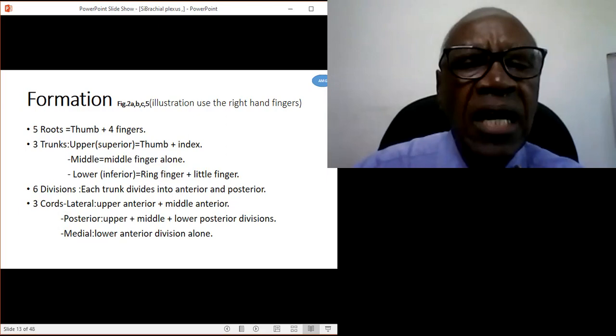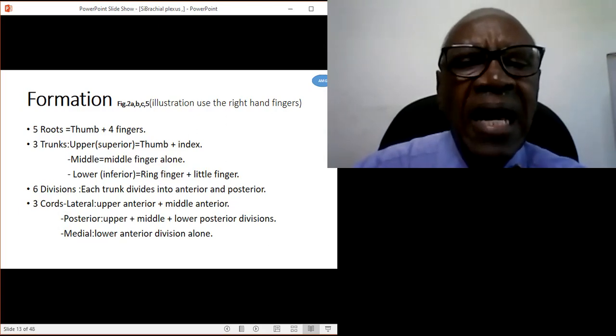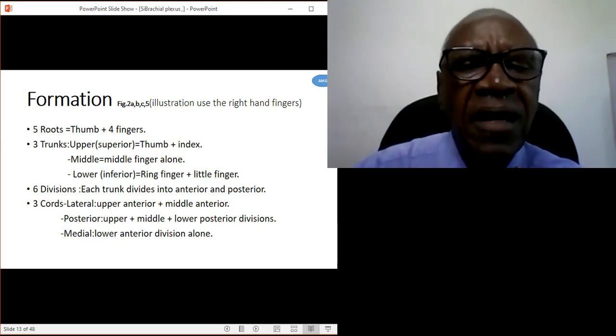And the three trunks are upper, middle, and lower. The upper trunk is formed by the thumb and the index. The middle by the middle finger alone. The lower by the ring finger plus little finger.